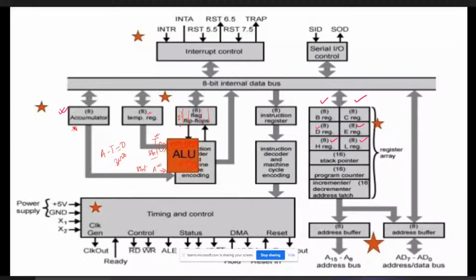Now suppose we are adding 2 numbers, 80 and 80, right? 8 is 1 followed by zeros. If we add these two, what will be the result?